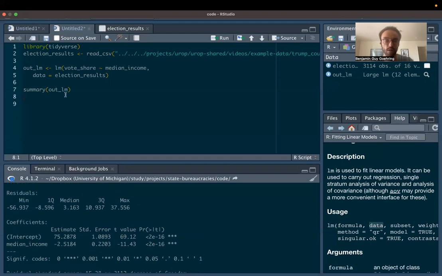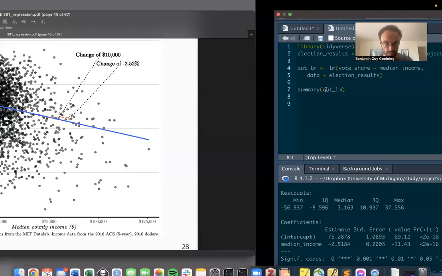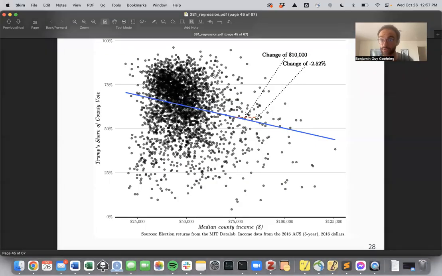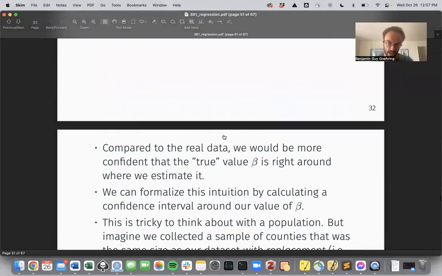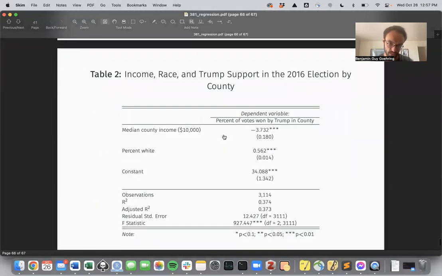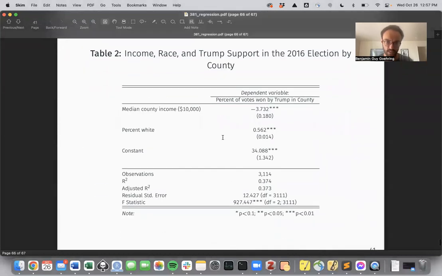Cool. So this is capturing this information. But if you remember down here, we also did a more interesting regression where we regressed support for Trump against both a county's income and the share of the county comprised of non-Hispanic whites.